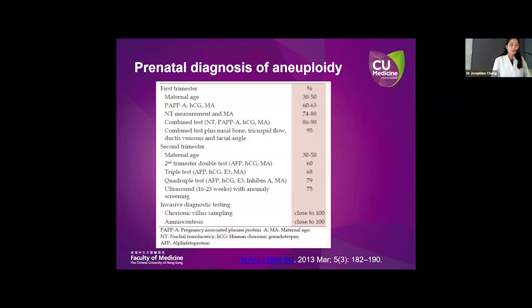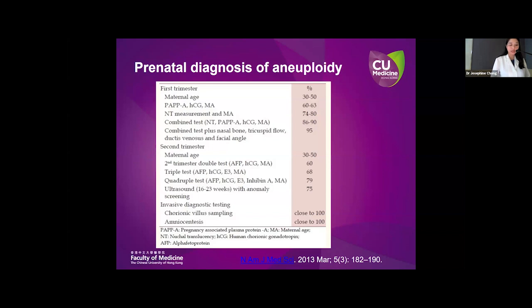For prenatal diagnosis of aneuploidy, in the past different methods were used to try to increase the yield. I'm not an obstetrician, but usually when the patient is referred to us, the patient has already had invasive diagnostic testing, including CVS or amniocentesis with genetic testing.